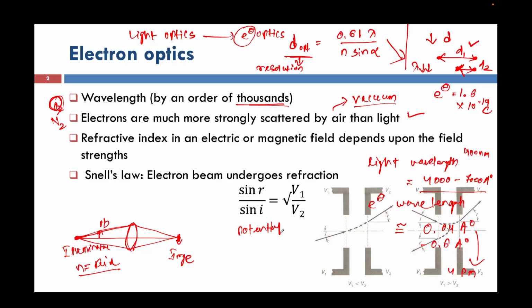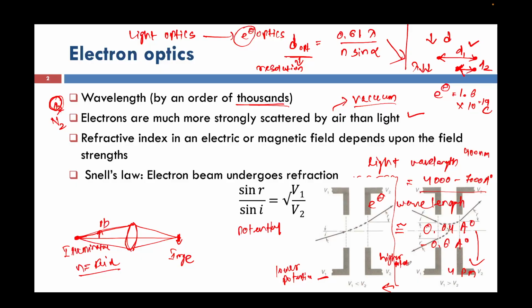If you look at this side of the image, you can see v1 means lower potential here, right? And v2 means higher potential.